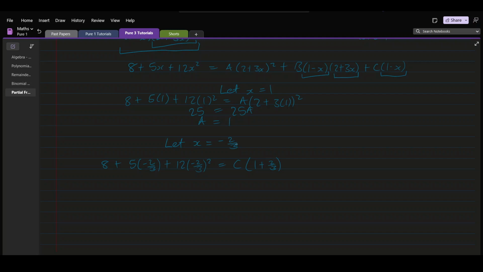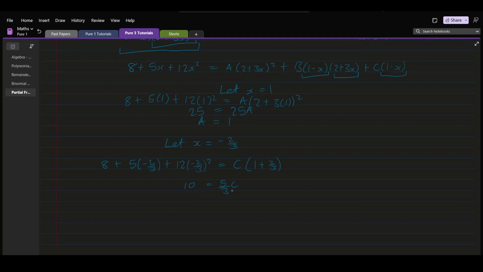So let's simplify our left hand side. 8 plus 5 times negative 2/3 plus 12 times negative 2/3 squared, and that gives us 10 is equal to 1 plus 2/3, that's 5/3 c.